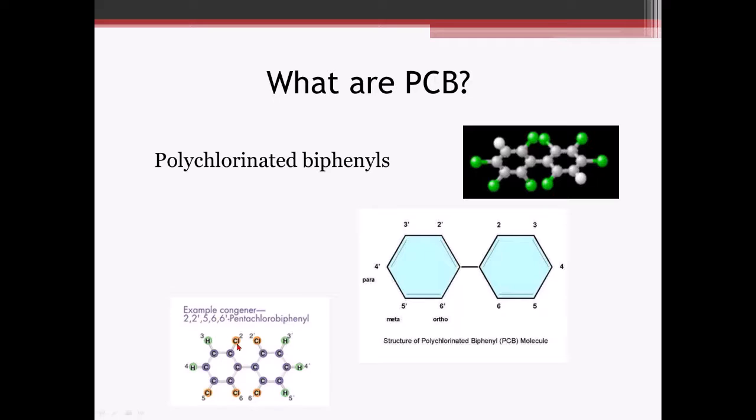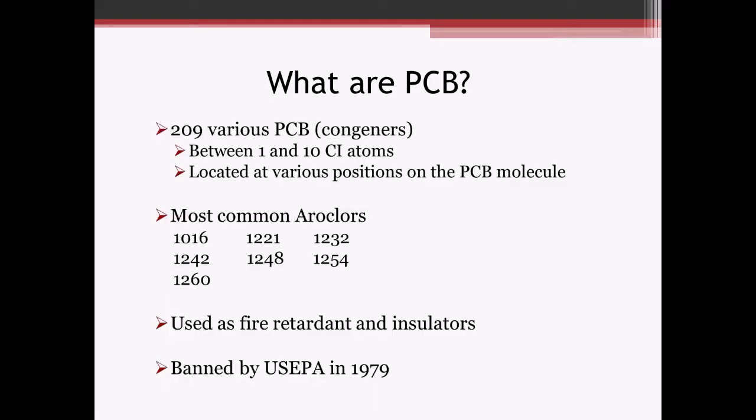So it's located, there's that one, and that one. So that's where you get the chemical name of the congener. There are 209 various PCB congeners, and these have between 1 and 10 chlorine atoms. And then again, that name depends on where the chlorine atoms are located.